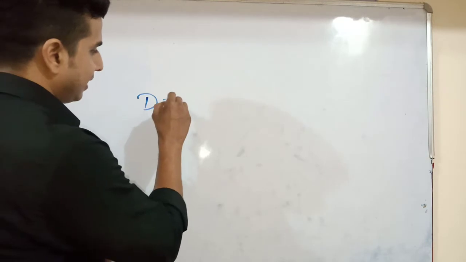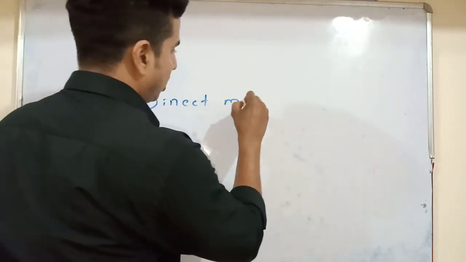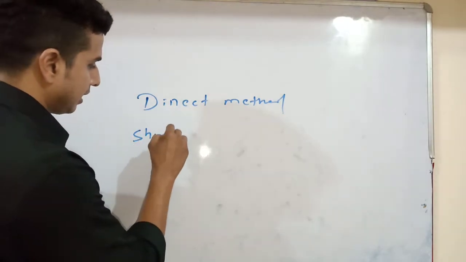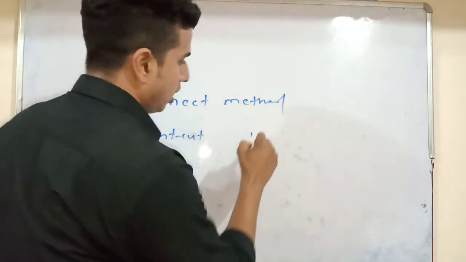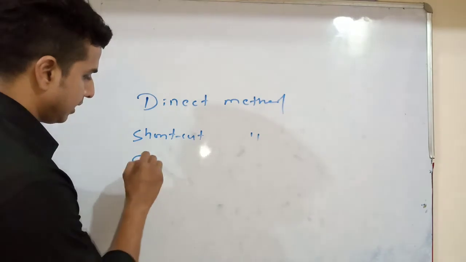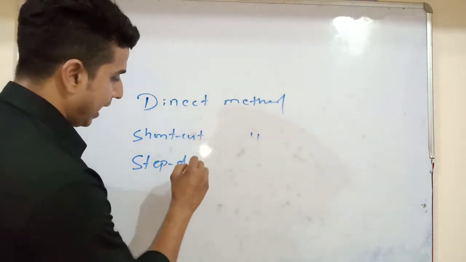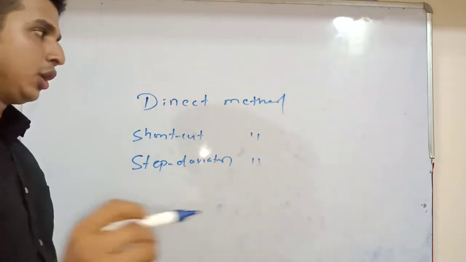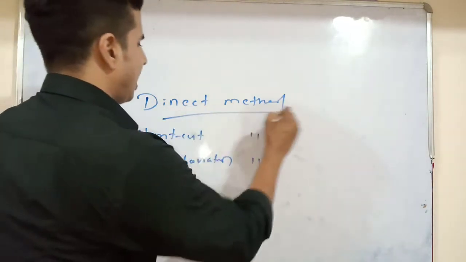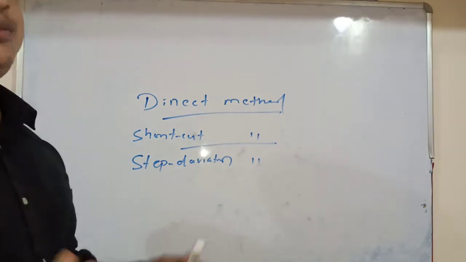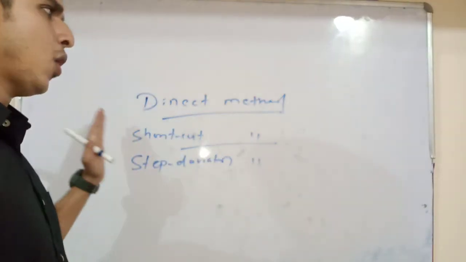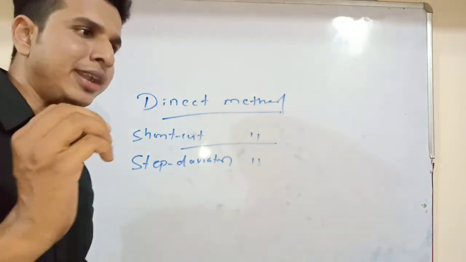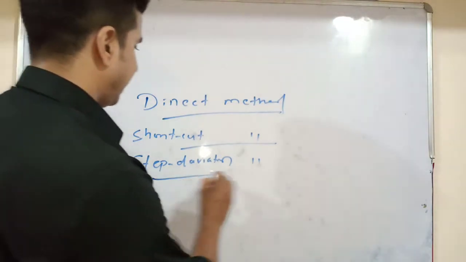That is, the direct method, second the shortcut method, and the third one is the step deviation method. The direct method and shortcut method are both very easy. That is why they are not demanded by the students. So our demanding thing is the step deviation method.